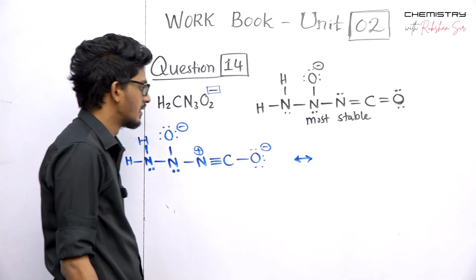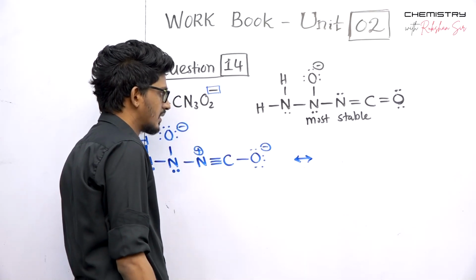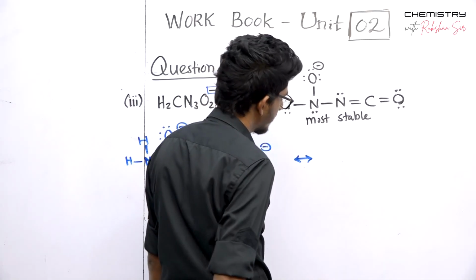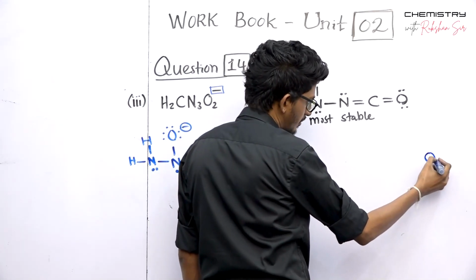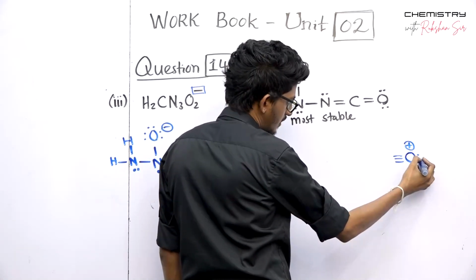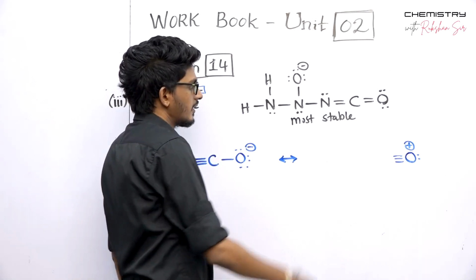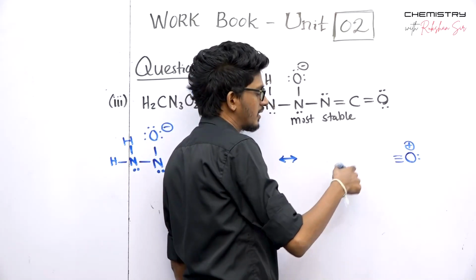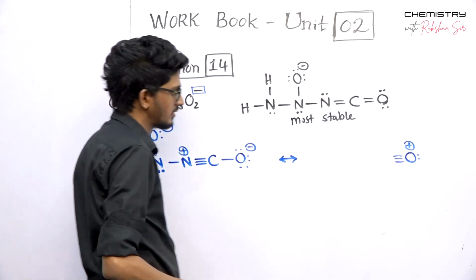Another Lewis structure. Let's start with the positive charge here, for an unstable structure. Then it is better to come up with 2 negative atoms to get a total of -1.